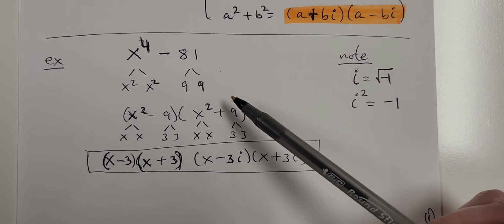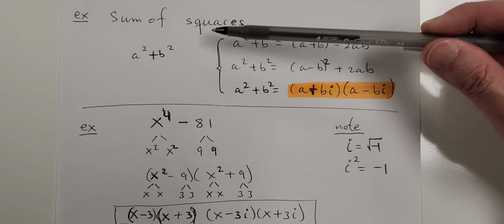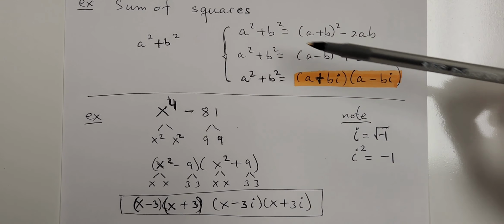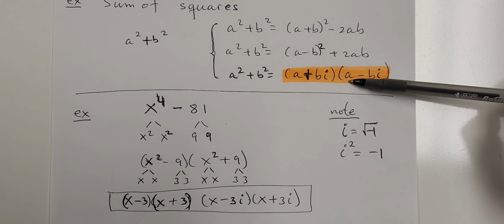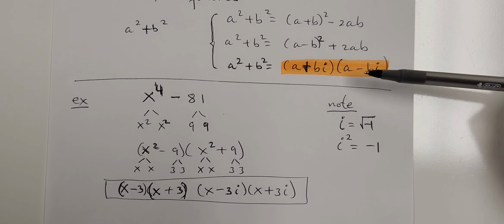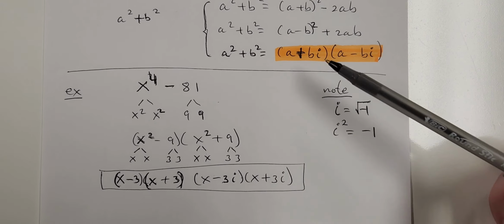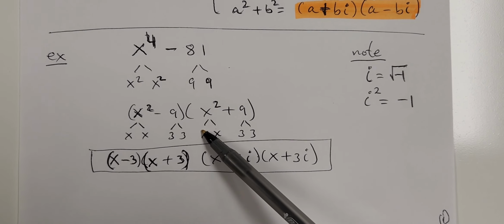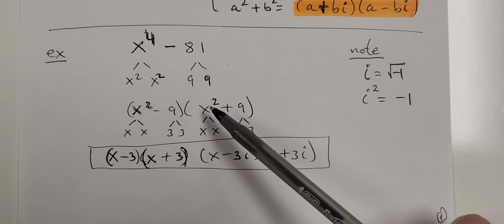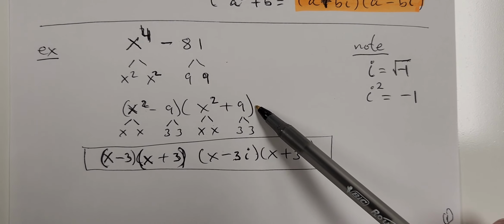However, here I have a plus, so based on the sum of squares, a squared plus b squared, I'm going to use the bottom formula because it's easier. But be careful, we have to include the i. Same thing, x to the fourth can be broken up into x squared, x squared, and 9, which is 3 times 3.